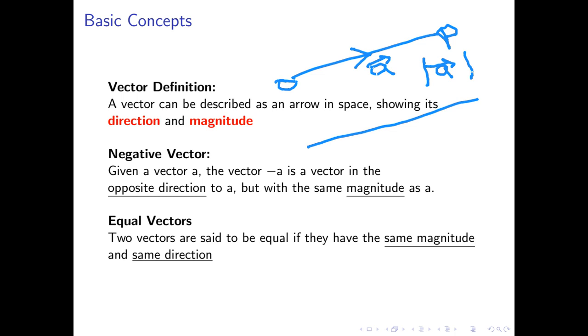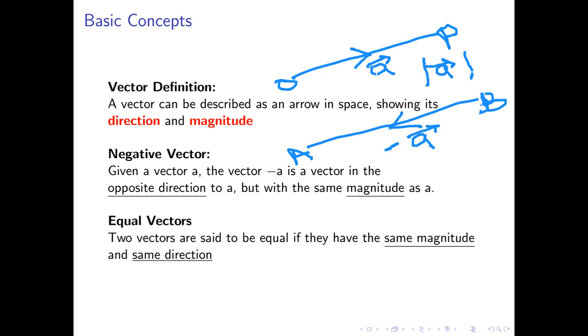That means we want to move from, let's call this point A here, and this is point B. So the negative of A is going to be minus A, all right? So this is the negative of vector A.